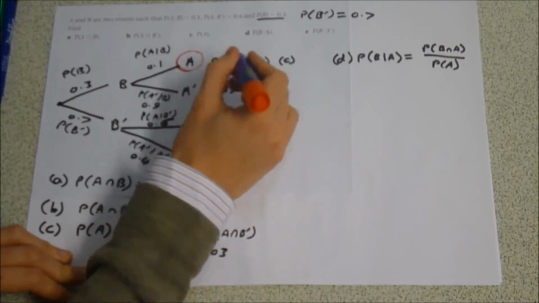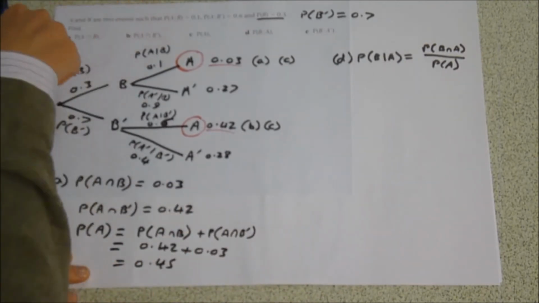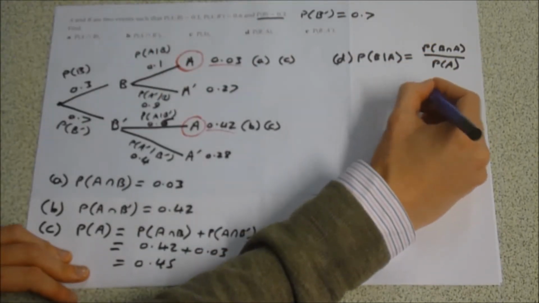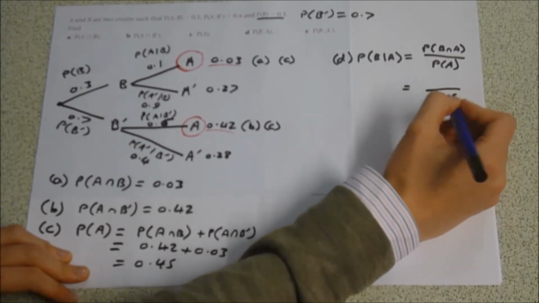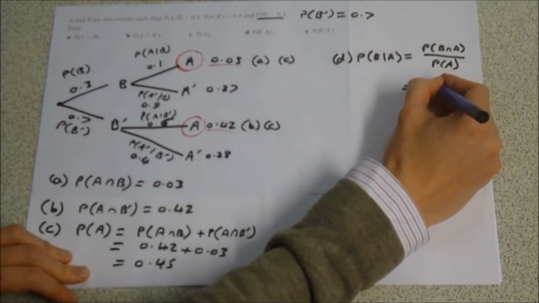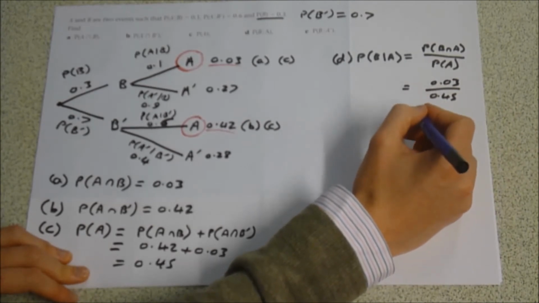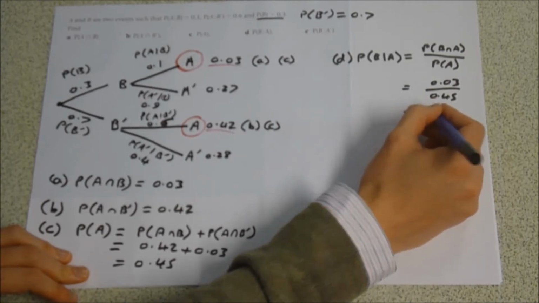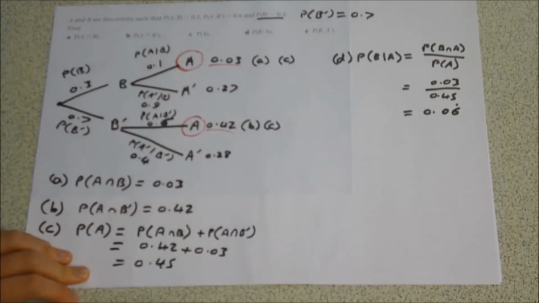This plus this must be our denominator, which we've already worked out in C. That's the probability of A. So I know that this equals something over 0.45. And what's that something? Well, probability of B and A occurring. That was this top branch. So that's 0.03. And that equals 0.06 recurring. If I do the maths right there, 0.06 recurring. So that's the probability of B occurring given that A has occurred.